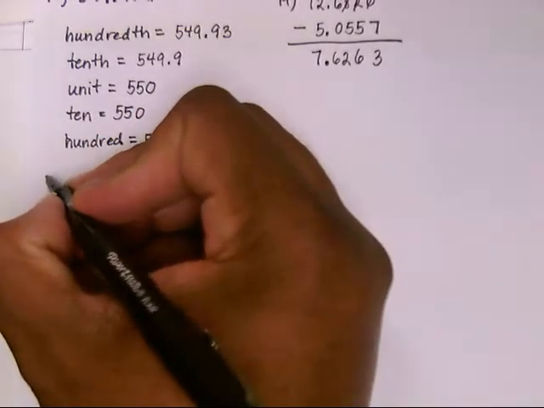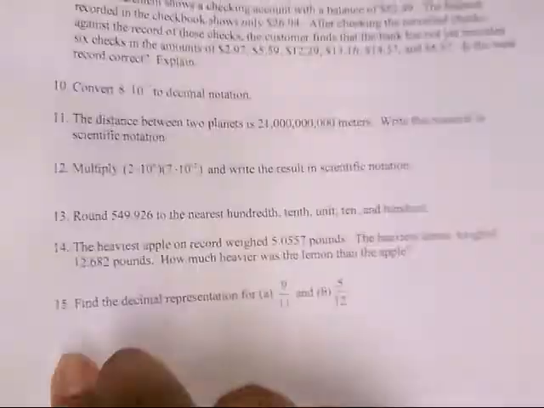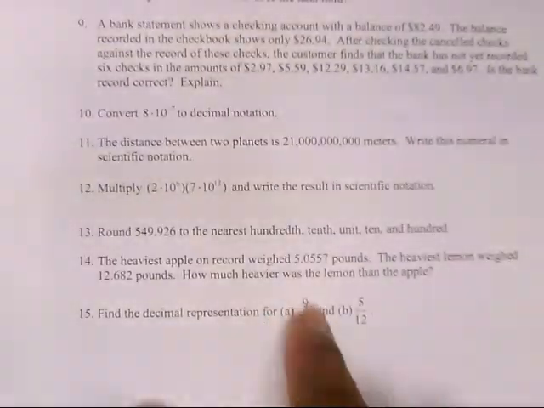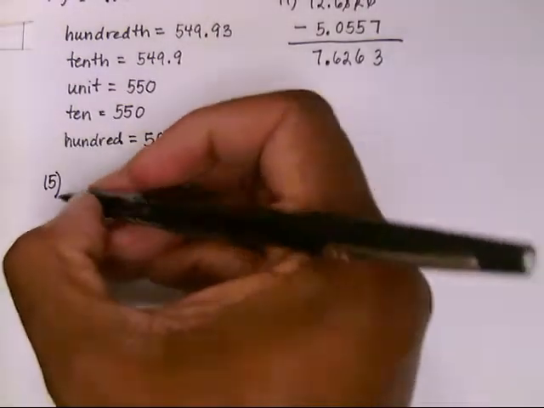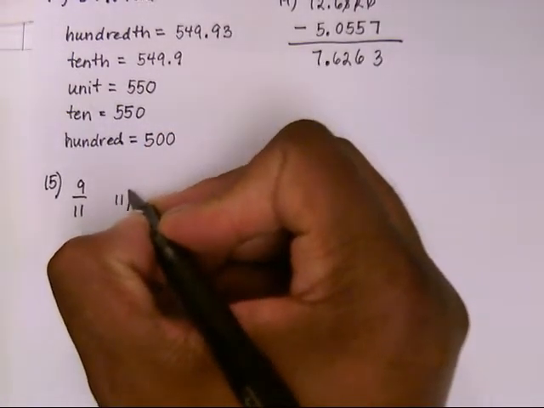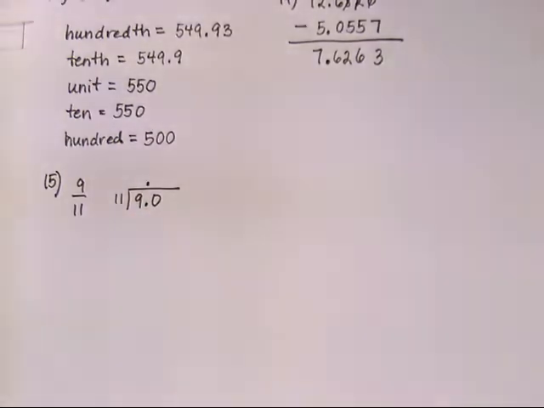Right, number 15. Find the decimal representation for, in part A, 9/11ths, and in part B, 5/12ths. Let's start with 9/11ths. So here we have to do long division by doing 11 into 9. Now I need a decimal point after the 9 and place it in the quotient and add a 0.